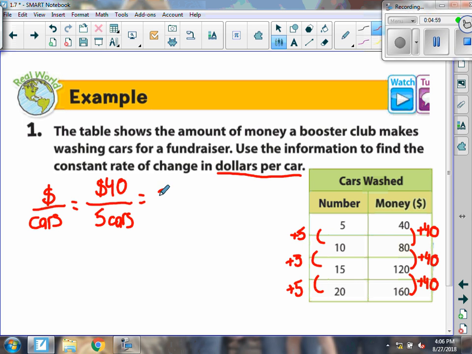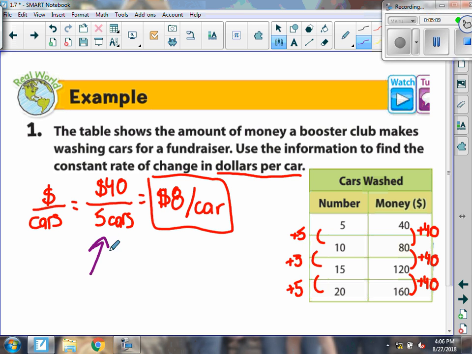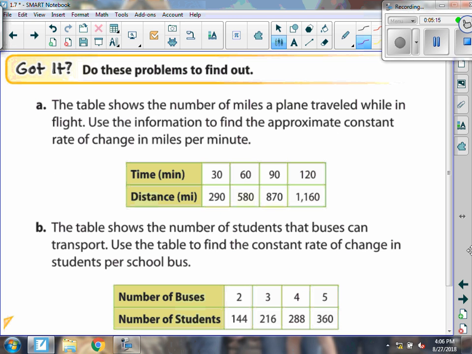What's 40 divided by 5? So my constant rate of change is $8 per car. So again, once we create our fraction, this is just review. It's nothing new. Okay. So for your practice problems A and B, I want you to copy these down and solve them on your own. So go ahead and pause this for a moment so you can do that.